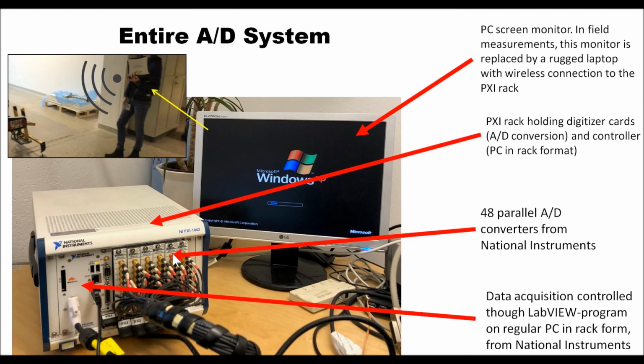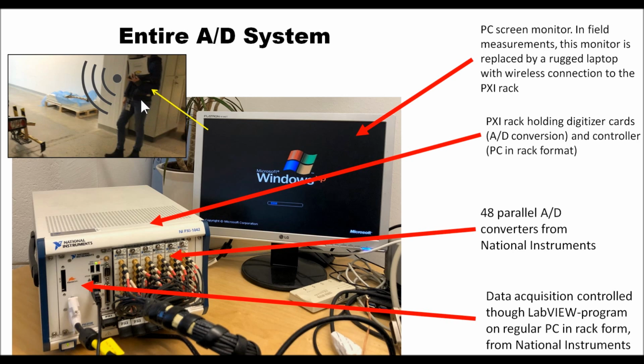And this is an A to D conversion box, and all these wires are coming from the MEMS microphone array, and all the analog signals coming from that array will go into this box and become digitized, and this onboard computer will control all the data acquisition parameters and will display outputs on this monitor.